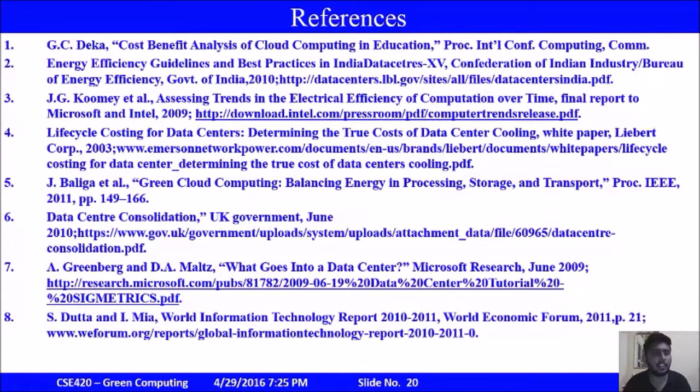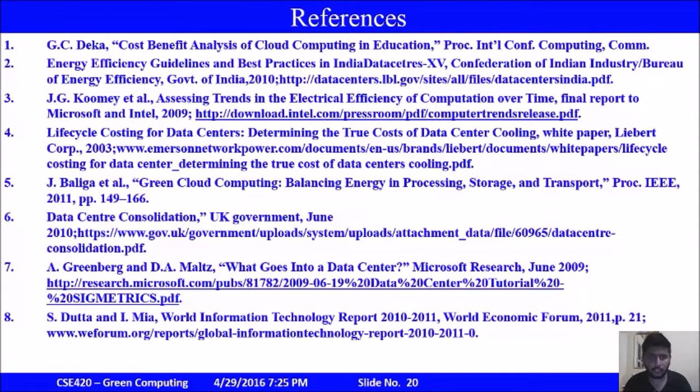The fifth one is by J. Baliga et al. It was titled Green Cloud Computing, Balancing Energy in Processing, Storage and Transport. This was an IEEE paper that was published in 2011. The sixth one is Data Center Consolidation. This was given by the UK government in June 2010. The PDF is available on the net. The seventh one was given by A. Greenberg and D.A. Maltz.